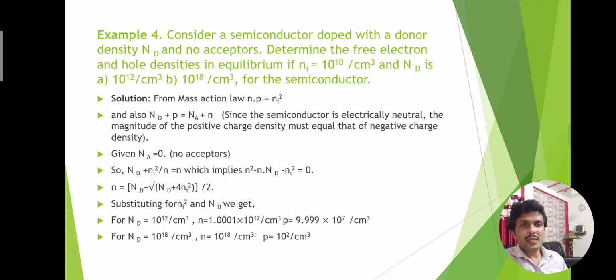Now from the mass action law we know n p is equal to ni square. So this is the first equation you need to recapitulate, and that is the main equation which will help you for a specific extrinsic semiconductor.